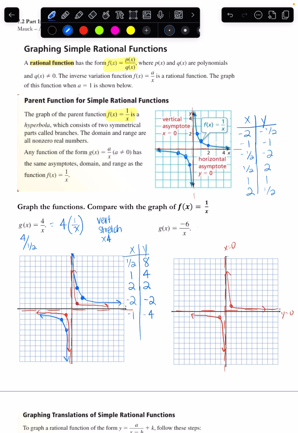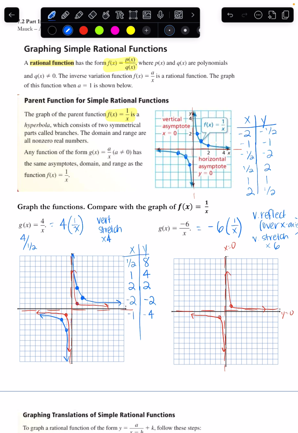So we could rewrite this as a -6 times 1 over x. And then we see that we have a vertical reflection from that negative sign. Remember, that is over the x-axis. And then you have a vertical stretch by a factor of 6.